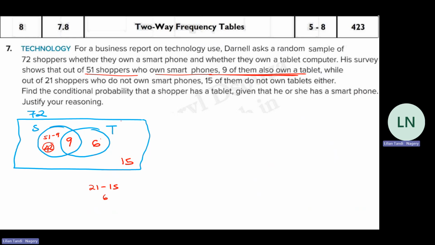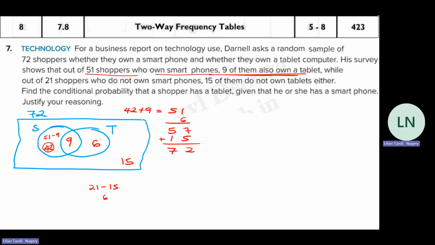So, how do I know I'm correct? I should add 42 plus 9 plus 6 plus 15. If I don't get 72, I am wrong. So, 42 plus 9, that is 51. 51 plus 6, that is 57. 57 plus 15, that is 72.